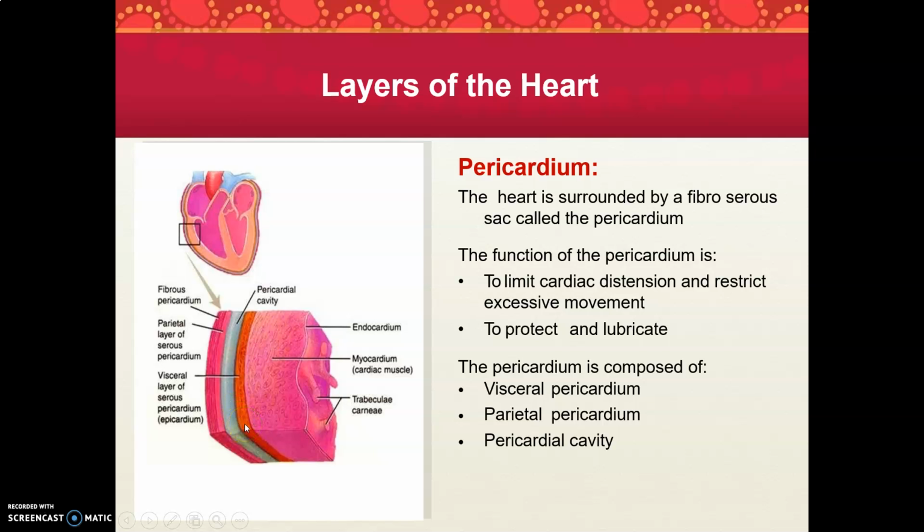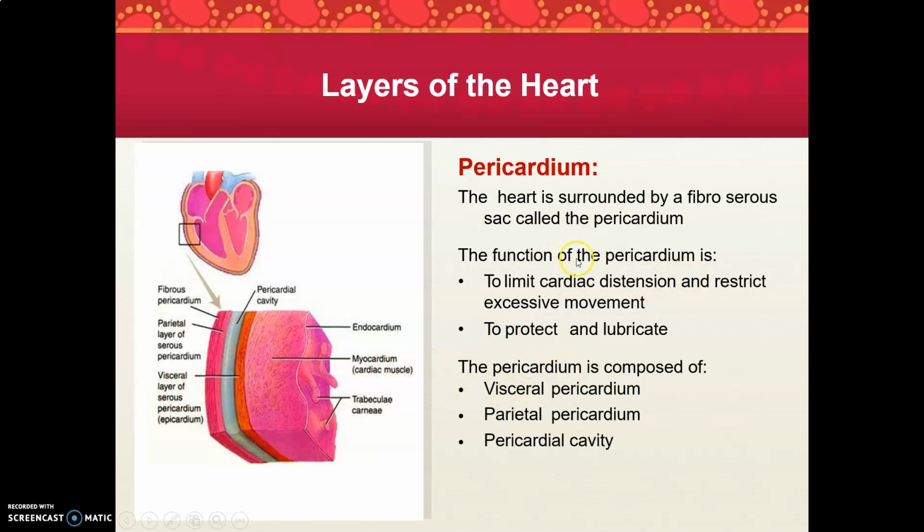Like the pleural fluid we discussed in the case of lungs, which is filled between the pleura, similarly here also there is a fluid which acts as a shock absorber and also helps in reducing friction. As you know, the heart keeps on pumping, so it may cause friction between the heart and the parts present outside the heart. This helps in the reduction of friction.